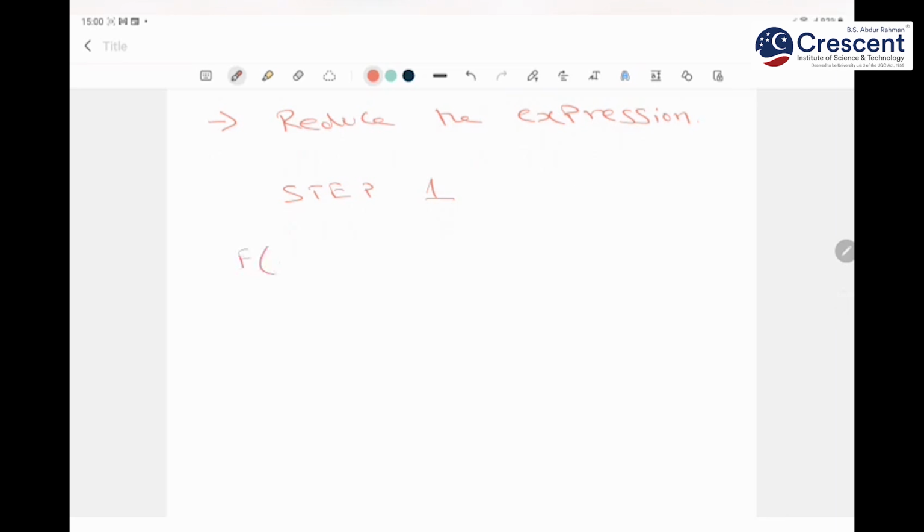F of A, B, C equal to A bar B C plus A B C. How many variables are involved here? You can easily see that there are 3 variables involved: A, B and C. So the maximum number of variables used is 3.